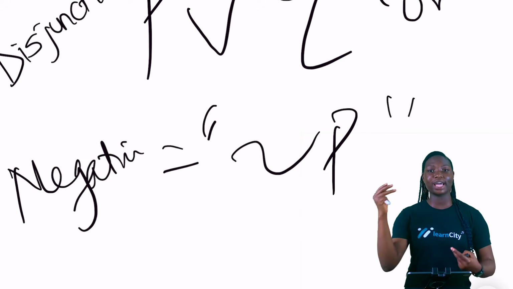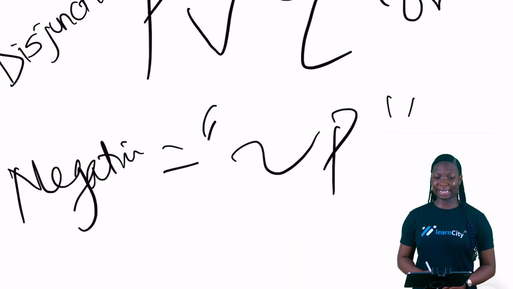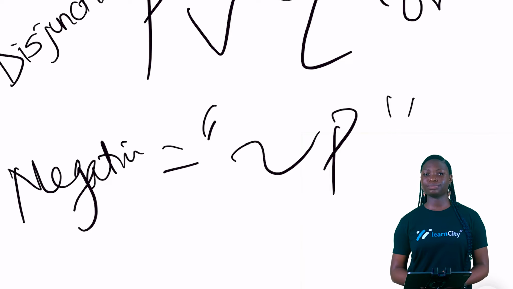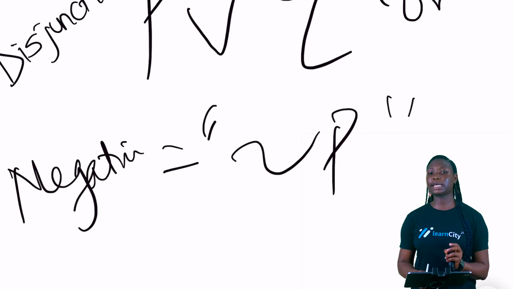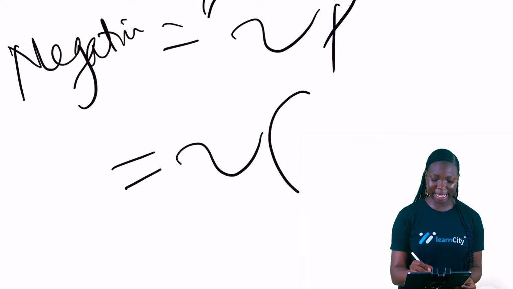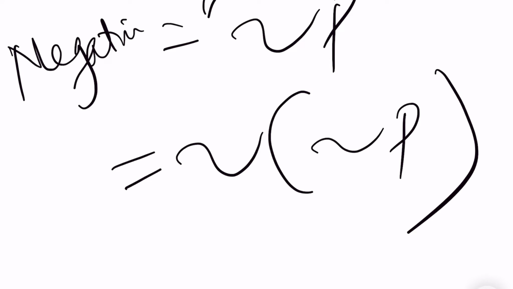Now, the negation of a negation shows that the negation is a connective which modifies a given statement, and it applies only to a single simple statement, which you can write as negation of negation P. We can write it as negation, which is like minus P, and minus minus P is also known as P. So the negation of a negation is the statement itself.